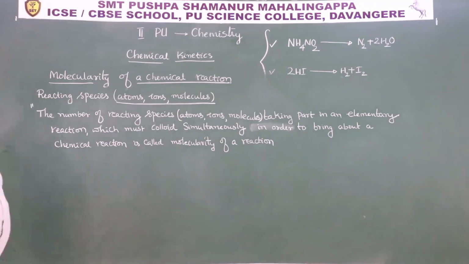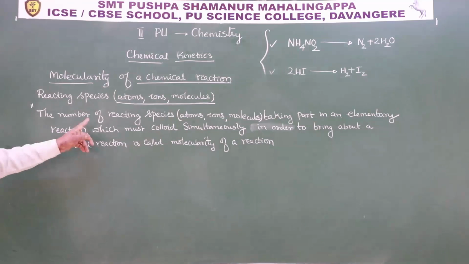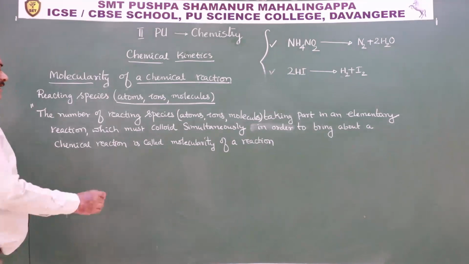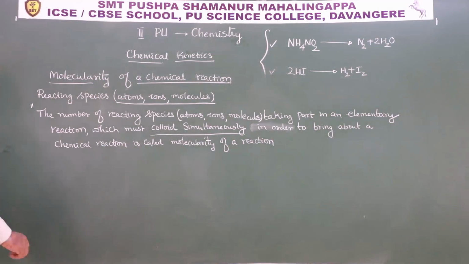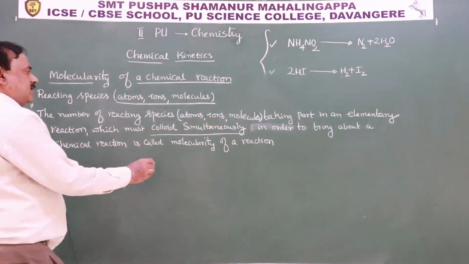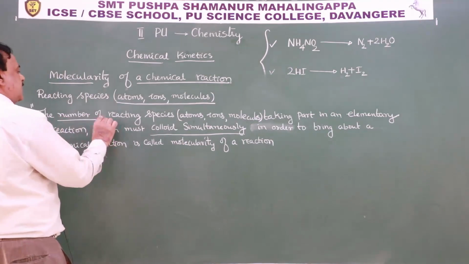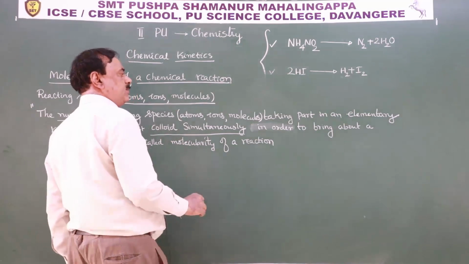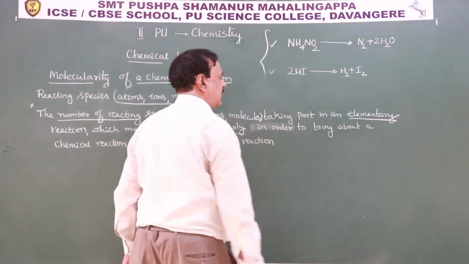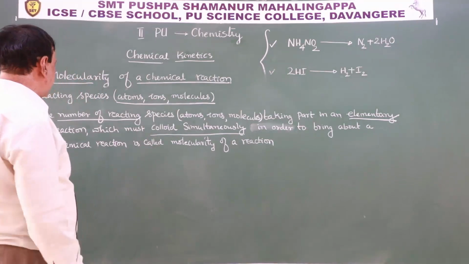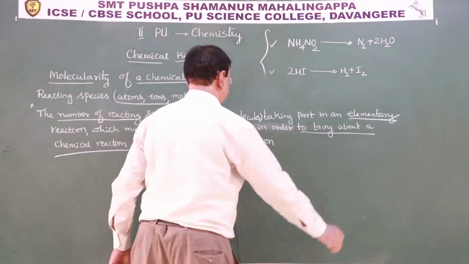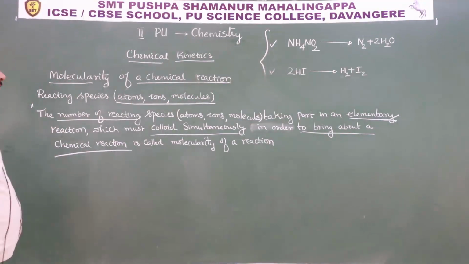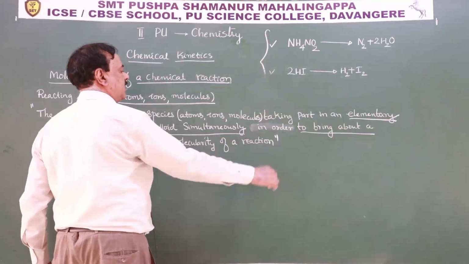An elementary chemical reaction is a single step chemical reaction which must collide simultaneously. This is very important. The number of reacting molecules taking part in an elementary chemical reaction in order to bring about a chemical reaction is called the molecularity of a chemical reaction.